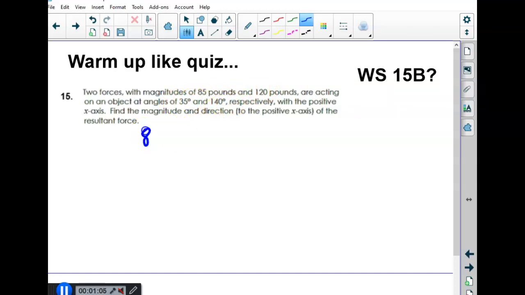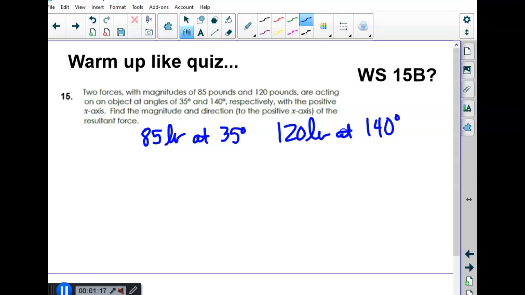I think I made it a little clearer that it was 85 pounds at 35 degrees and 120 pounds at 140 degrees. I didn't do this whole respectively business on the quiz, okay? But you could draw these, but there's really not a need because we have the information to do the components already, and we're supposed to add them. The resultant means they're being added.